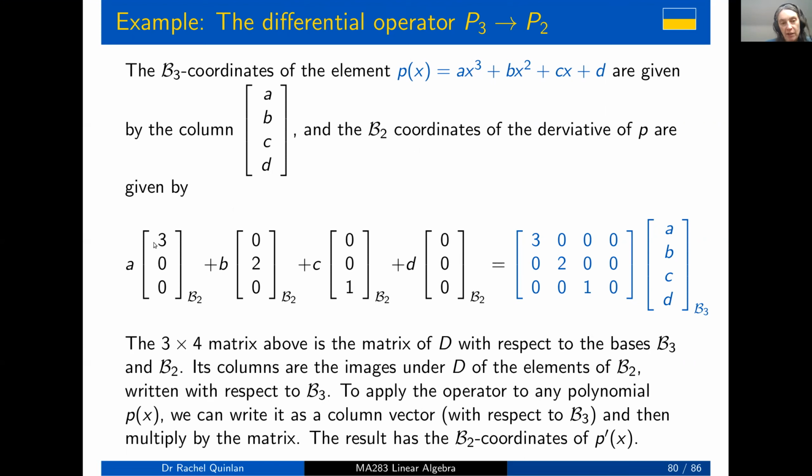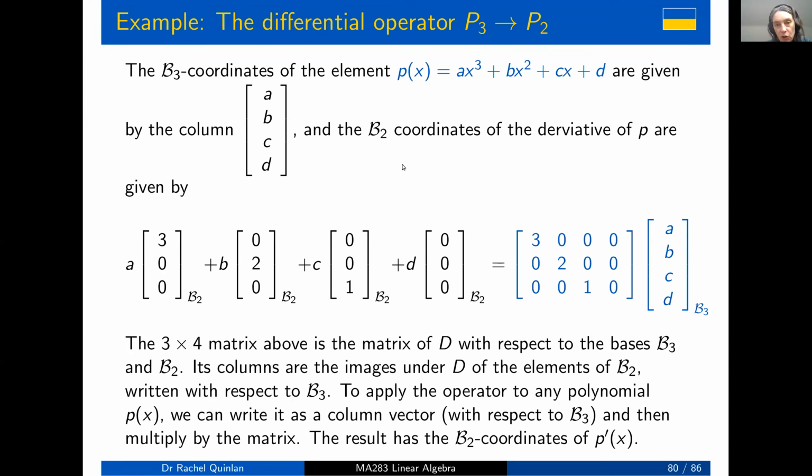Its coordinates are 3, 0, 0. Plus b times the coordinates with respect to B2 of the derivative of x squared. The derivative of x squared is 2x, that's 0x squared plus 2x plus 0 times 1. Plus c times the derivative of x, whose coordinates with respect to B2 are 0, 0, 1, and d times the derivative of 1, which is 0.